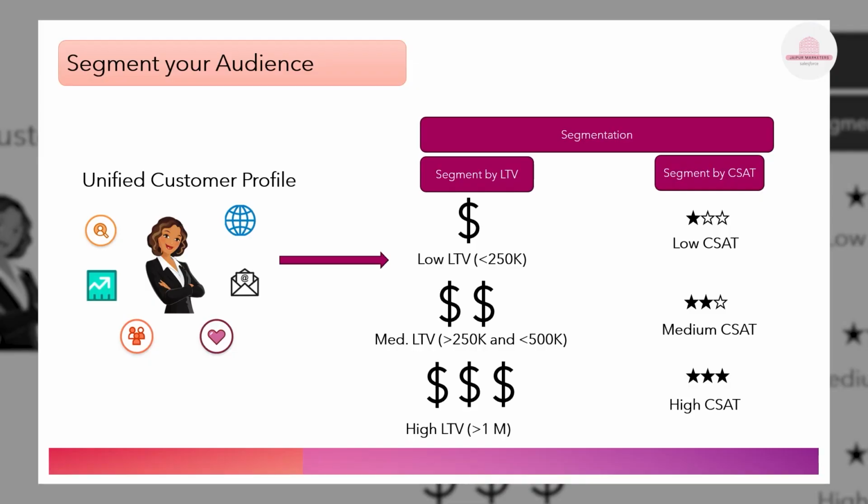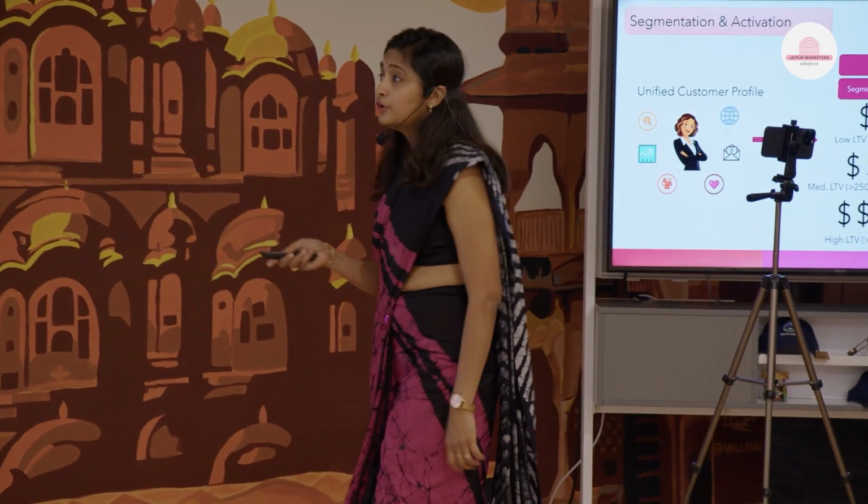This is where segmentation and activation come into the picture. Here we have the unified profile of Jaren available, and it is not a good idea to export all the unified profiles to all the systems, right? Those unified profiles may not be relevant for their use case, correct? So here what we do is filter these unified profiles on the basis of certain parameters.